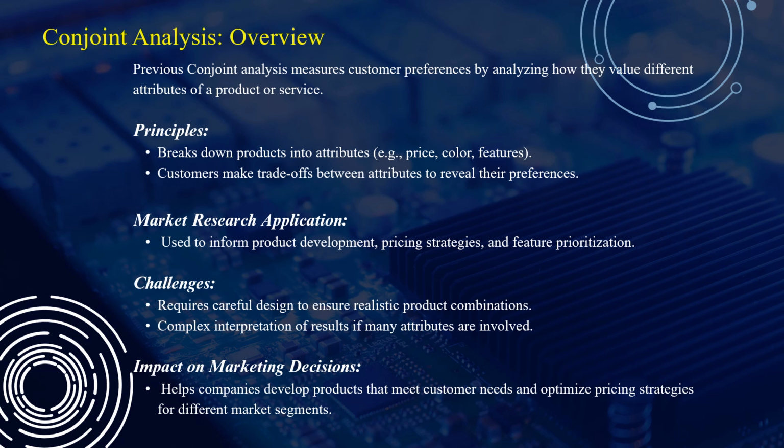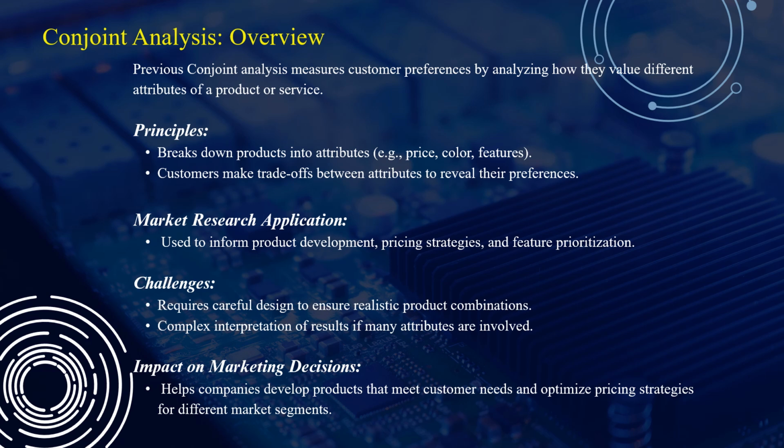The method is based on the principle that customers make trade-offs when choosing between products. For example, they might be willing to pay more for a higher quality product but not for a feature of little value. Conjoint analysis is widely used in product development and pricing strategies because it gives insight into what customers are willing to pay for and which features to prioritize.